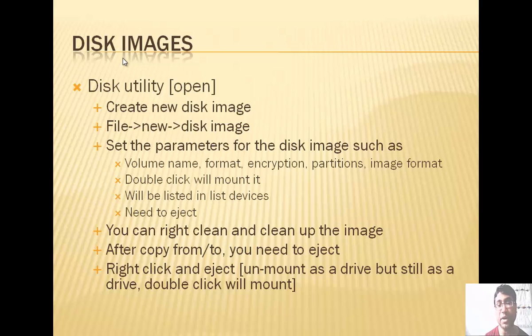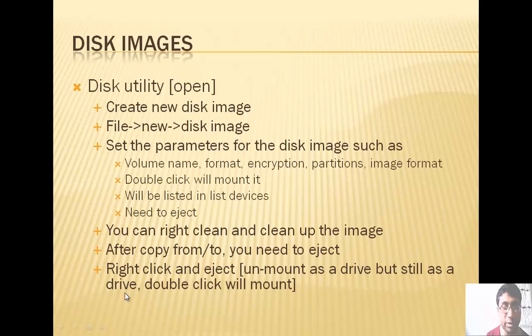You can right click and clean up the image. Another thing is, if you copy to the image or if you copy from the image, you need to eject. If you right click and eject, it will get unmounted as a drive, but it will still work as a file, and double click will mount it again.